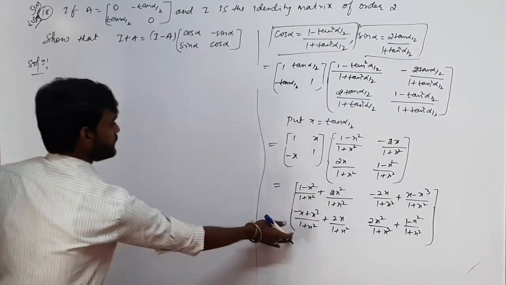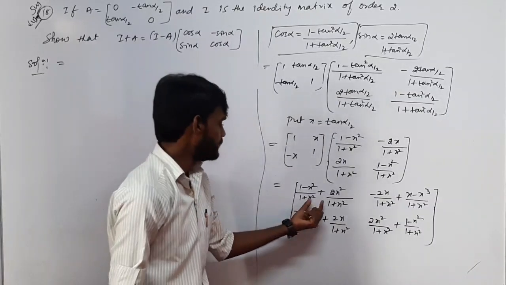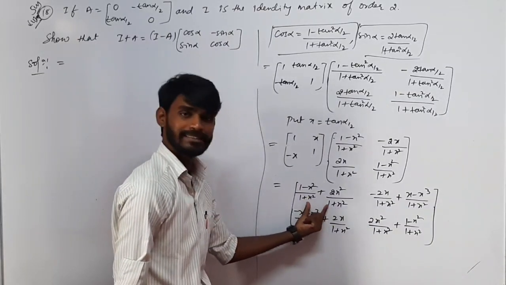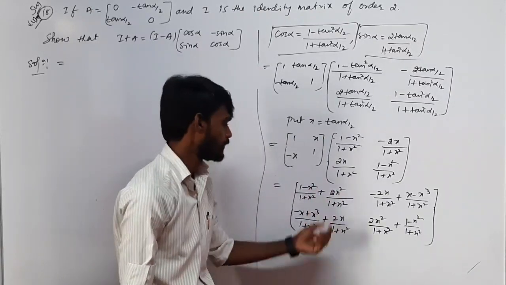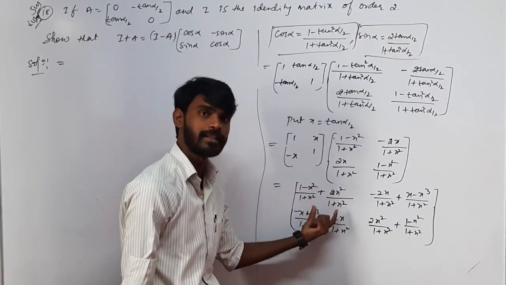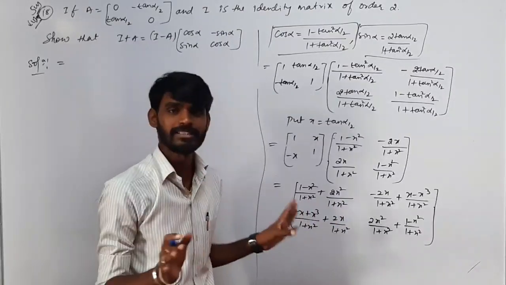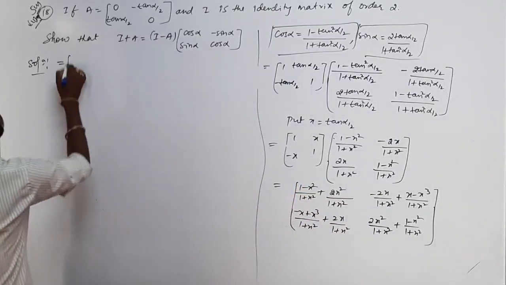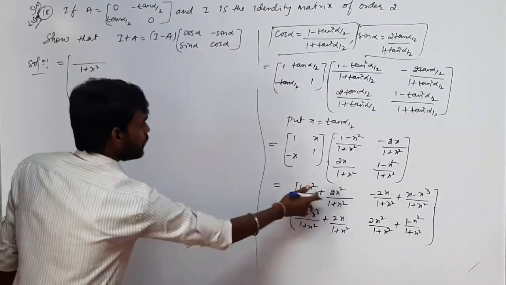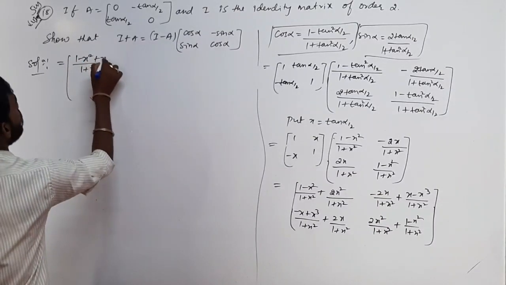Okay, next this is equal to, so this term's denominator will be the same, you can just add the numerator terms. These two terms have the same denominator. Now take the LCM. When the denominator is the same, you can just add and subtract the numerator terms, right? So plus x square, 1 minus x square plus 2x square.